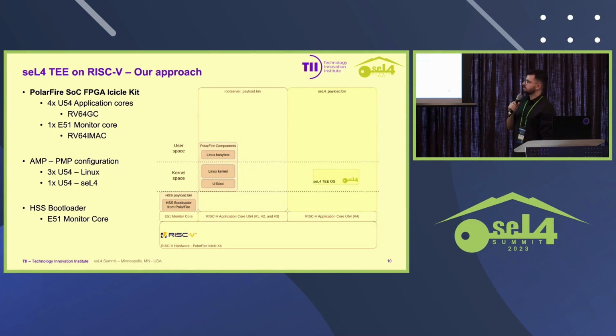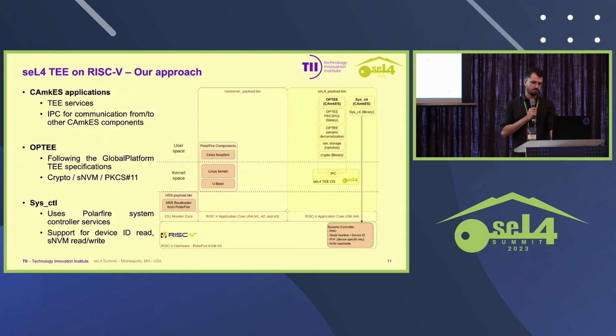And for our configuration, we are using the PMP for physical isolation in this case. And right now we have a simple Linux on 3 cores, and seL4 as a TE on the 4th core. And of course the monitor core for the HSS bootloader. So this is basically the structure that we have right now.